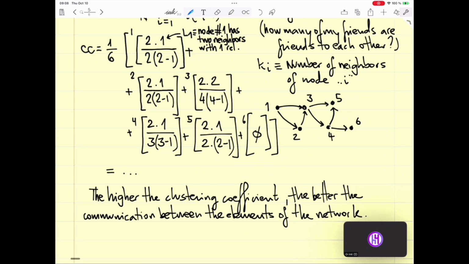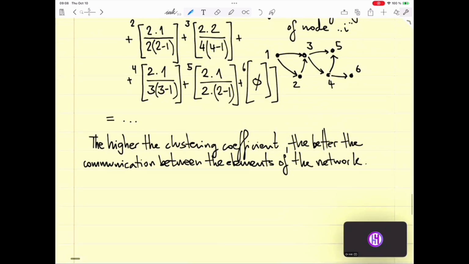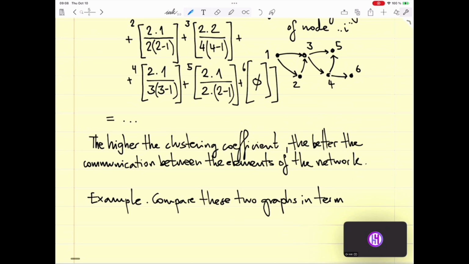Okay? So you can say, let's compare these two graphs in terms of clustering coefficient.